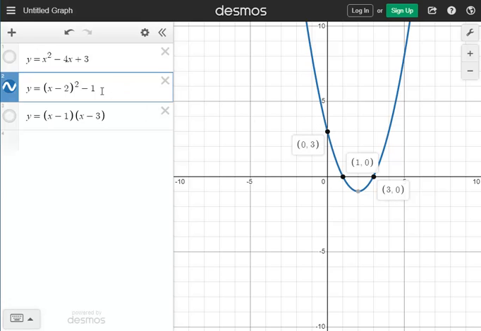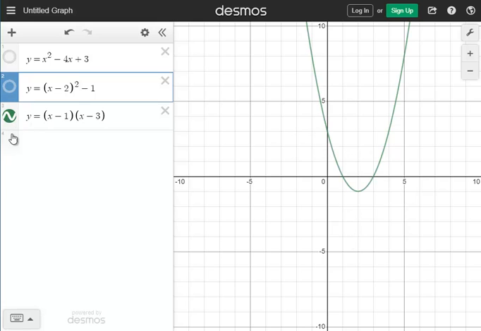To be honest, I'm not seeing any of these numbers show up, so I don't know if there's really a shortcut here. But if you look at the vertex, what's really interesting is at least the 2 and the -1 do show up in this equation. Here's a 2 and the 1. So maybe this type of equation gives us some kind of shortcut or some kind of tell into what is going on with this parabola.